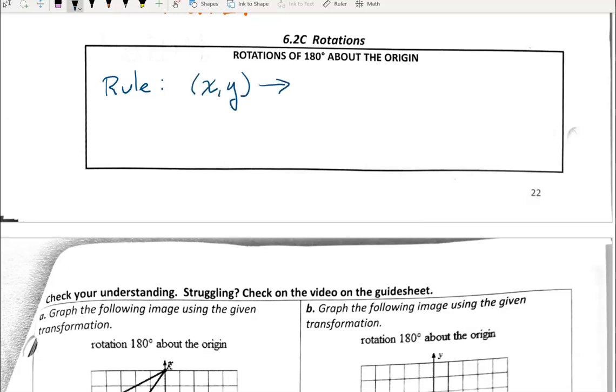Remember, if you don't include this first part here, when I ask for a rule in symbols, then you're not going to get full credit because this is a required part of the math of transformations. Okay? So all the original x values change to the opposite, so opposite of x, and all the original y's change to the opposite of y.